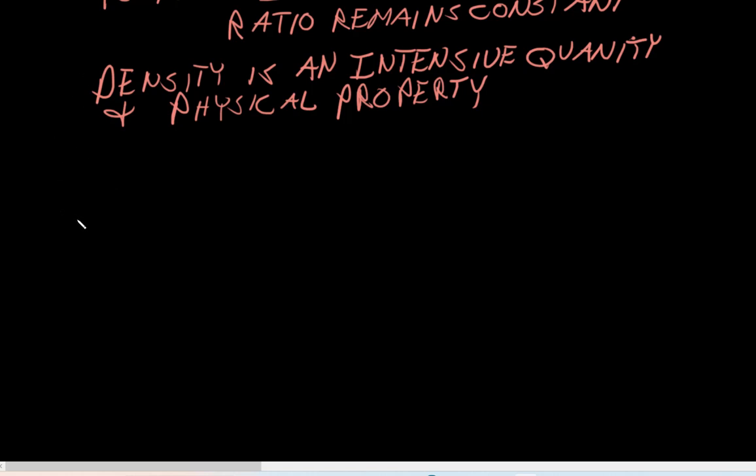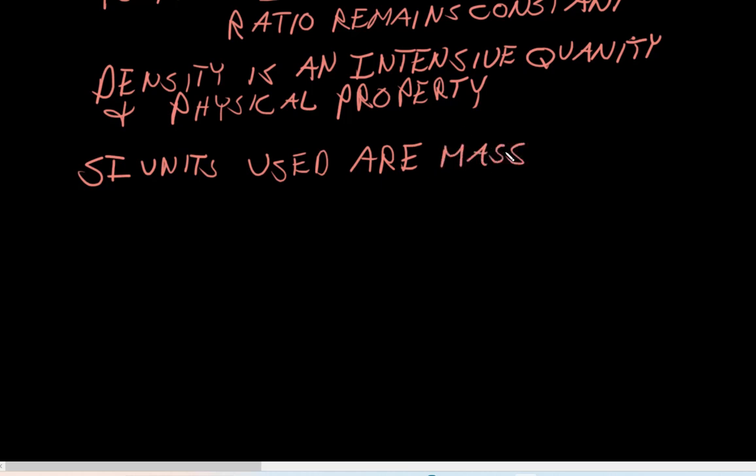Well, let's look at the units. So density is really a derived unit. So if we look at that, we use two SI units: the units for mass and volume.